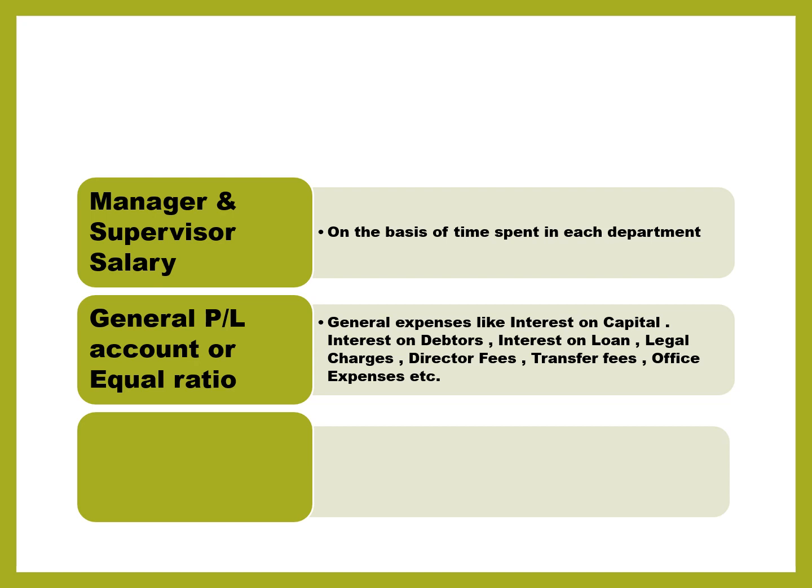So equal ratio is the second option. So all common expenses, general expenses, to be taken to general PL, because these expenses are incurred for the entire business. It is not incurred for each department, it is incurred for the entire business. So common expenses, general expenses should be taken to general PL account.